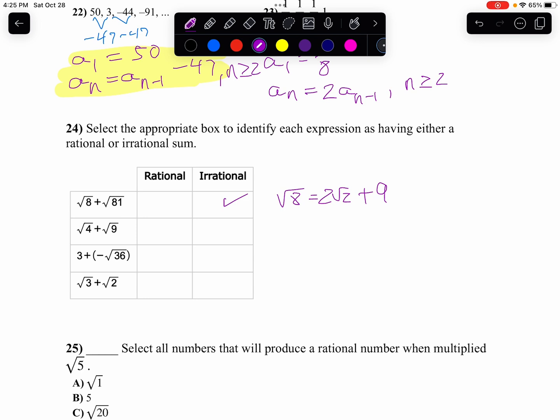Whereas the square root of 4 is 2, the square root of 9 is 3, well, that'll be rational. 3 minus the square root, it's plus and negative actually, but plus and negative 6, that will be rational, won't it? And notice the square root of 3 is irrational, the square root of 2 is irrational, so that'll be irrational.